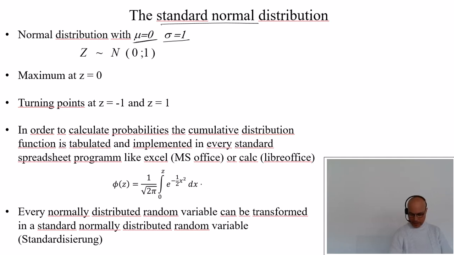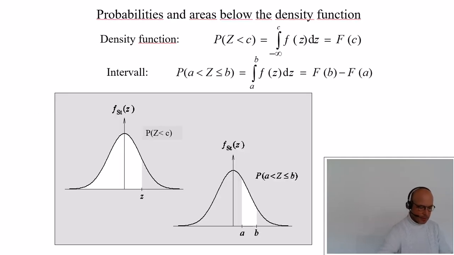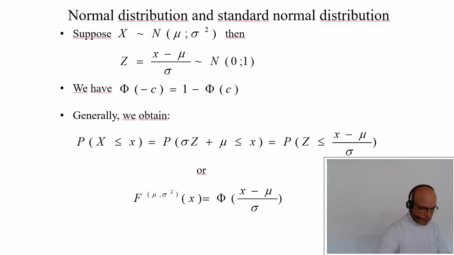And the next one is very, very important, and this is then used: given any normal distribution with some expected value and standard deviation, we can transform this distribution into a variable which is standard normally distributed.